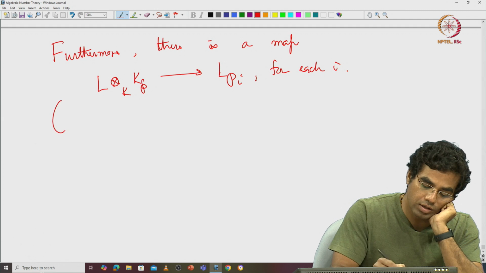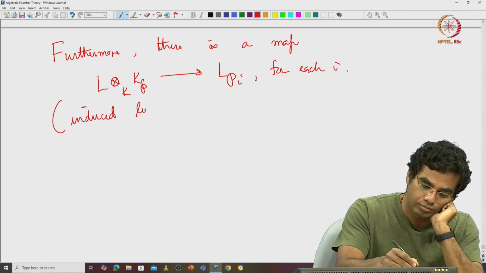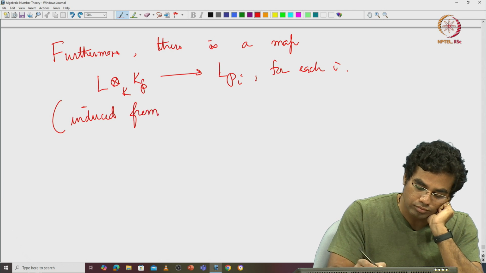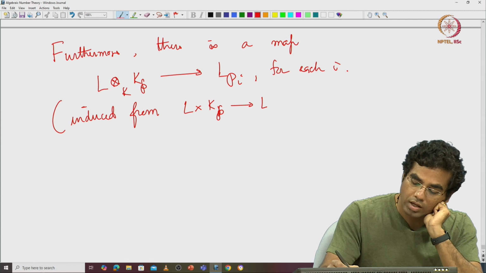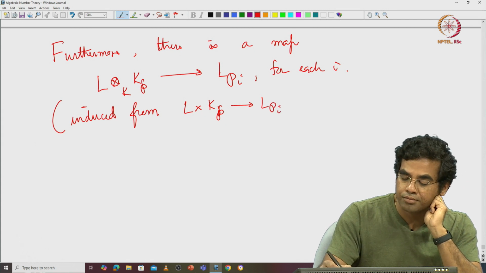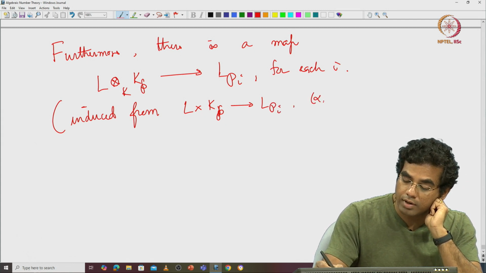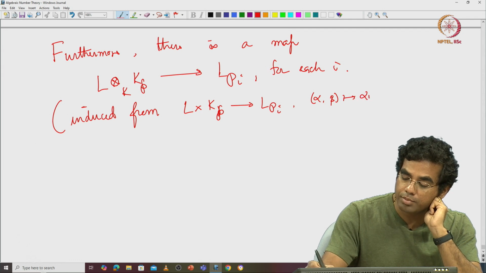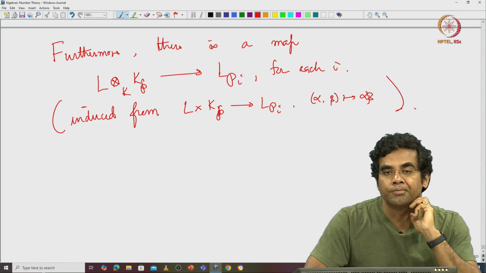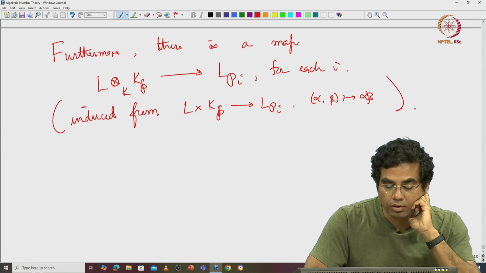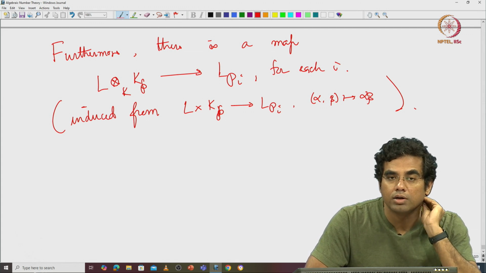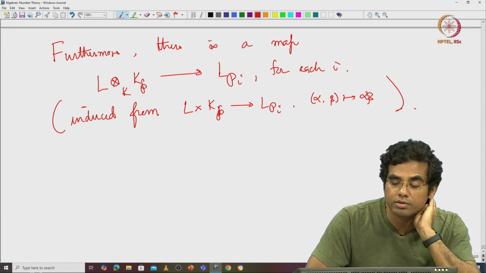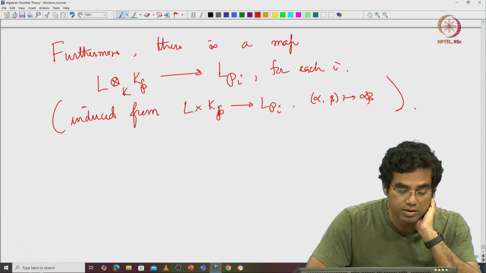So, this is induced from L cross K_P to L_Pi, where alpha comma beta just goes to alpha beta. This is a bilinear pairing. You can also write it directly in terms of the tensor product, but here I am just telling you how to use the universal property of the tensor product.